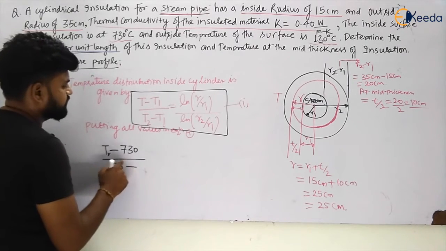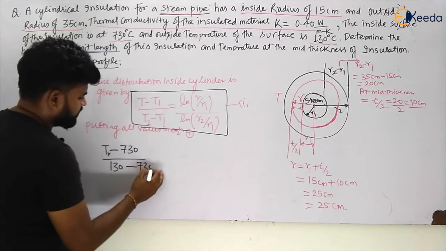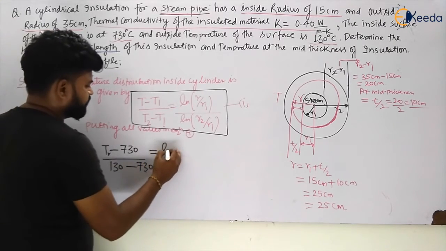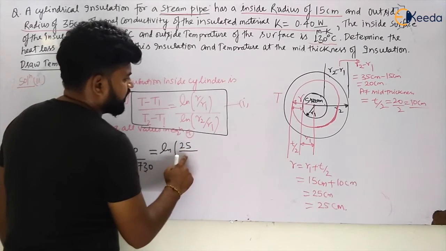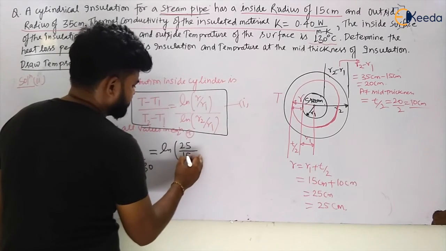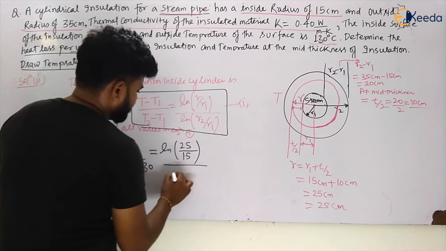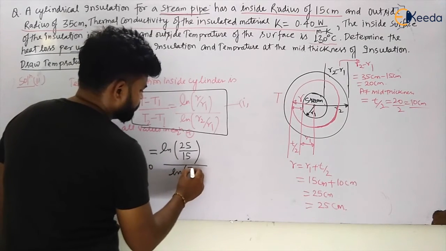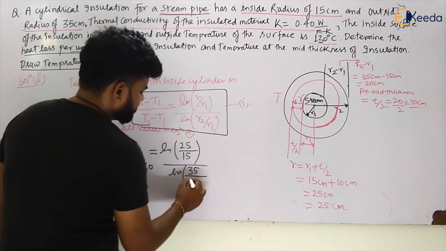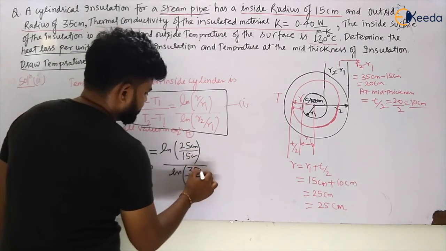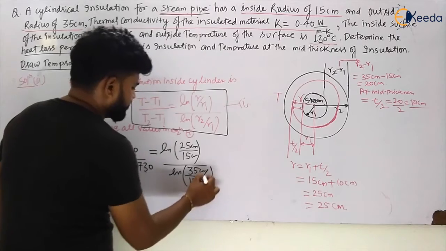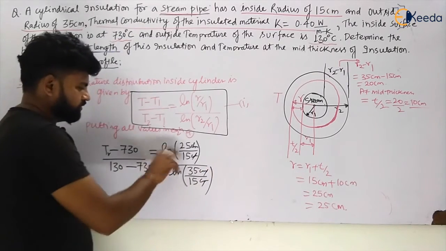So T minus 730 is equal to ln of R, where R is 25, divided by R1, which is 15 centimeter, divided by ln of R2, which is 35 centimeter, divided by R1. The centimeter will cancel, so this will be the remaining part.